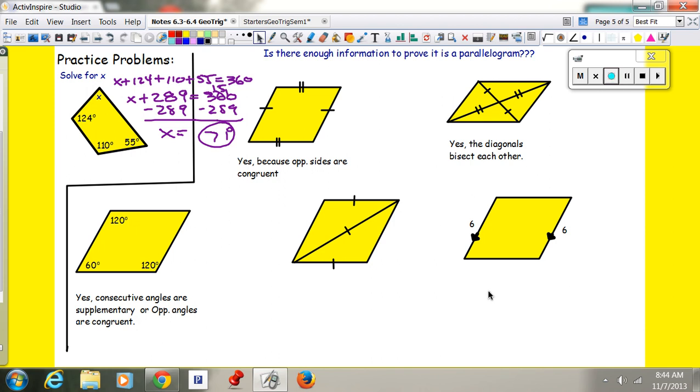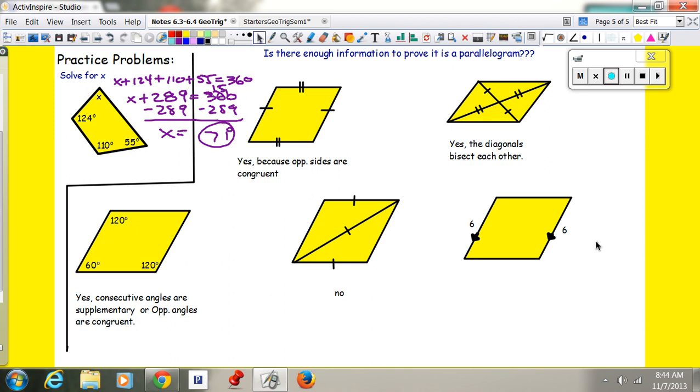What about this one? Is there enough information to say, yeah, that's a parallelogram? No. That one's no. Cannot prove that's a parallelogram. Your diagonal would not equal your sides in a parallelogram, unless there's something special there. But normally that's not going to happen, and that's not enough information. You need opposite sides congruent, or you would also need these to be parallel to each other. But they didn't give you that.